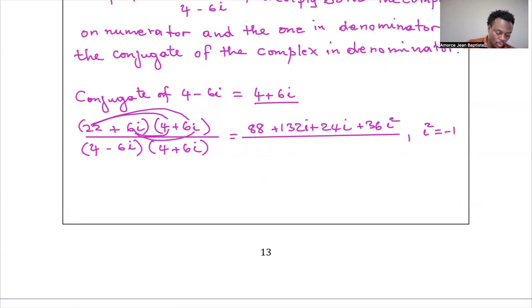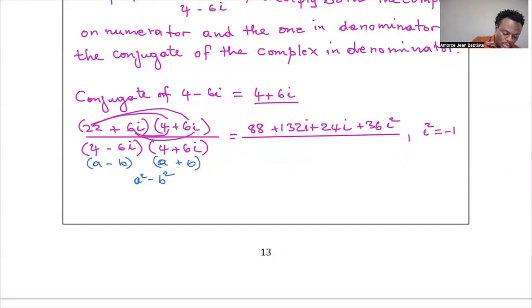If we call this one a minus b times a plus b, that is the difference of squares. That is a squared minus b squared. So in the denominator, we can apply the difference of squares to have a quicker answer.